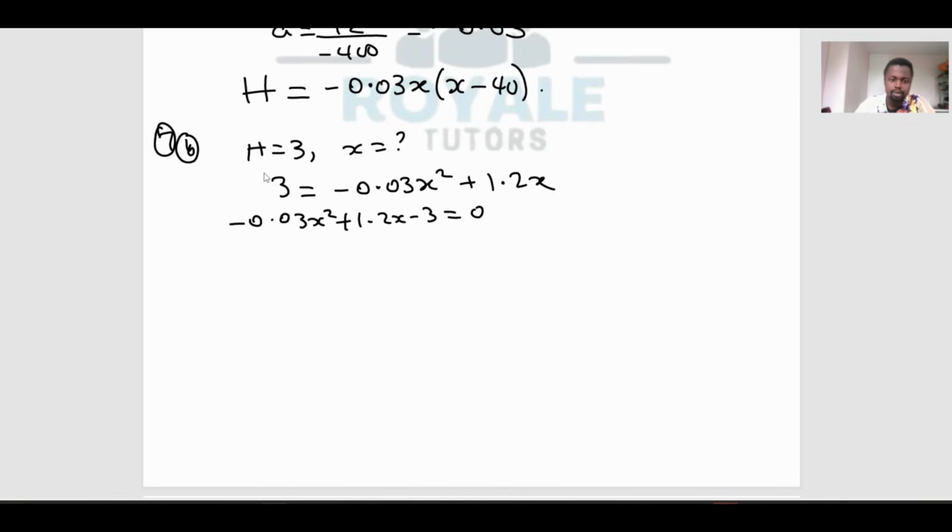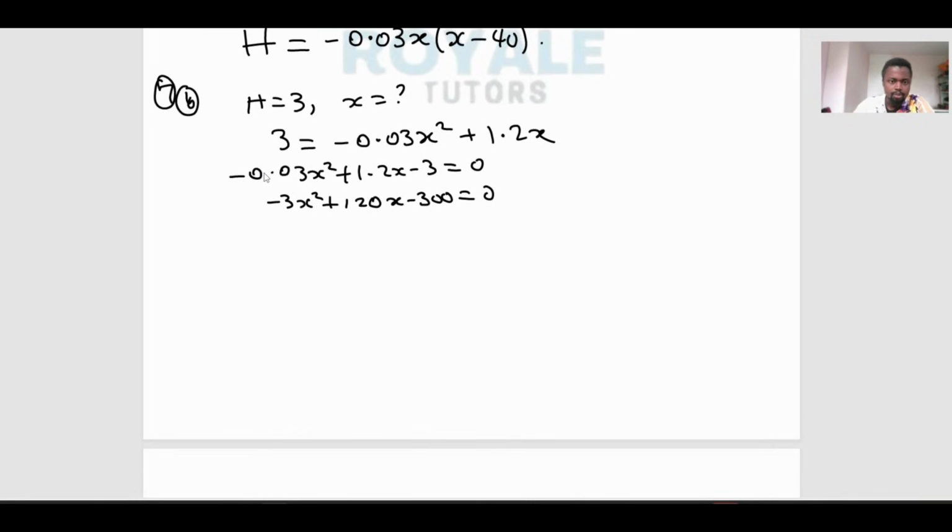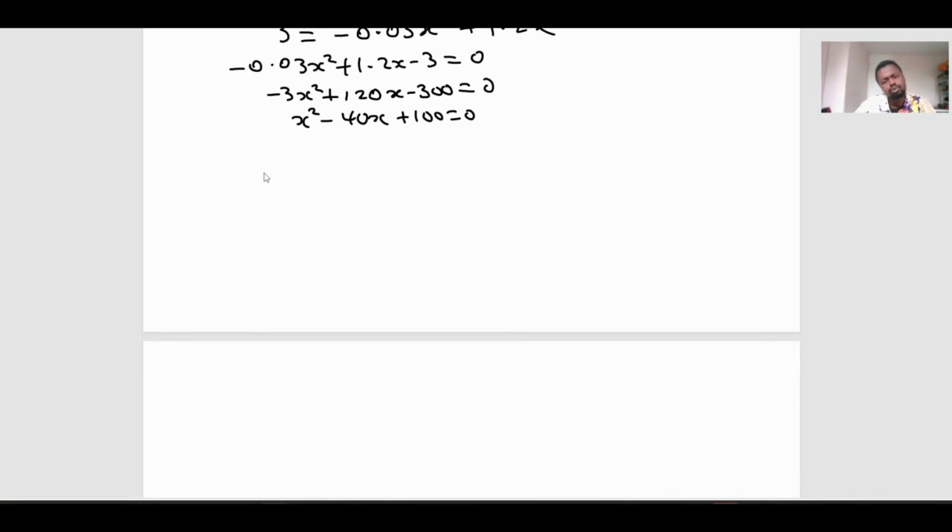I want to multiply by 100 so that I have minus 3x squared plus 120x minus 300 equals to 0. Then I want to divide through by minus 3 to have x squared minus 40x plus 100 equal to 0. All right, so if I solve this, am I able to factorize? Okay, I think I will have to use the formula.